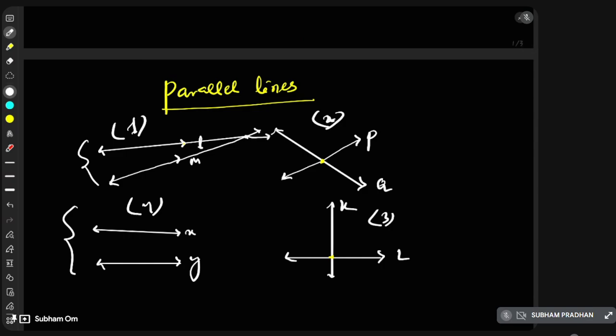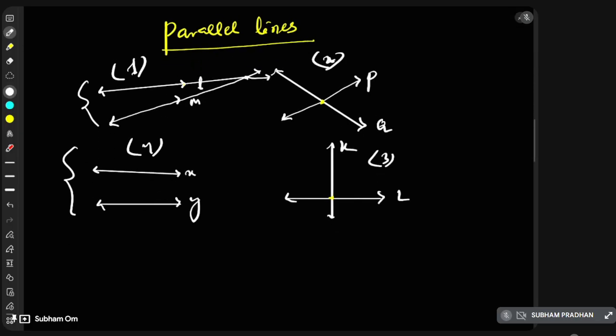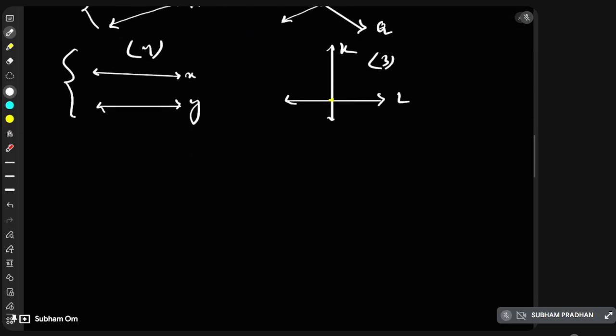Then can we say that parallel lines are those lines that never meet at a particular point when extended, and they travel at an equal distance between them? So that was all about parallel lines.